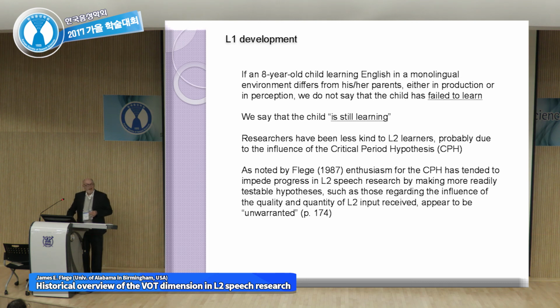As I noted in the 1987 article, enthusiasm for the critical period hypothesis has tended to impede progress in L2 speech research by making more readily testable hypotheses, such as those regarding the influence of the quality and the quantity of input, appear to be unwarranted.